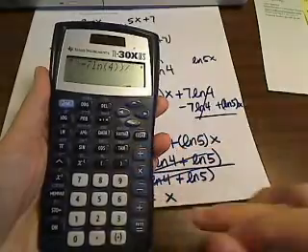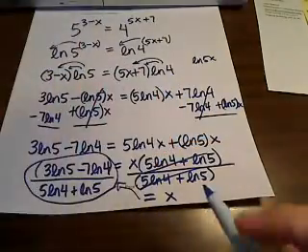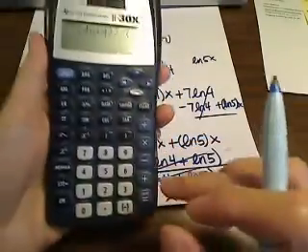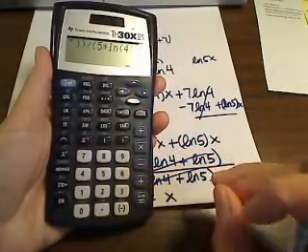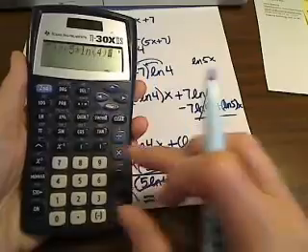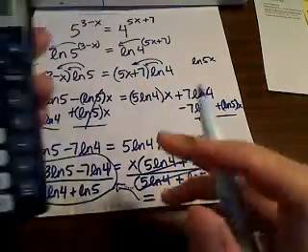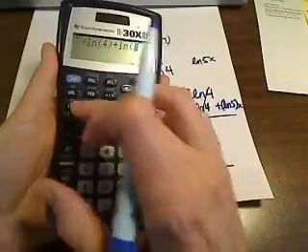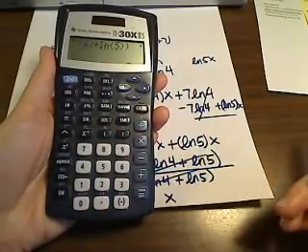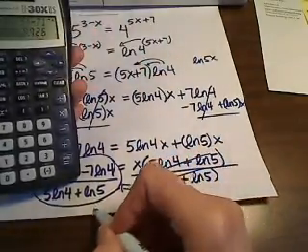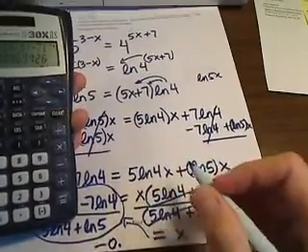Okay, and then I'm going to divide by a whole quantity as well, so I need to start with a parenthesis. I have 5 times the ln of 4. Okay, and close that parenthesis, and then plus the ln of 5. So plus the ln of 5, close that parenthesis, and close the one for the bottom. Hit equals, and we get a negative 0.5.